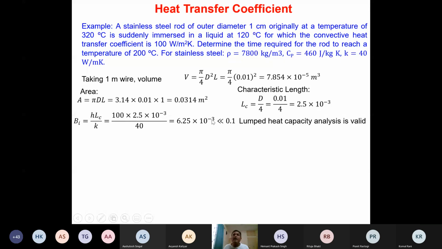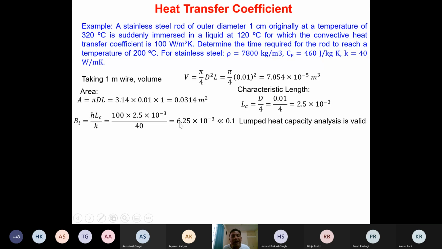So we are not looking at the temperature gradient across the metal, and we can treat it as a single lump with a constant temperature. Initially it was at 320 degrees Celsius, and finally we are looking at the time when the constant temperature of this metal reaches 200 degrees Celsius.